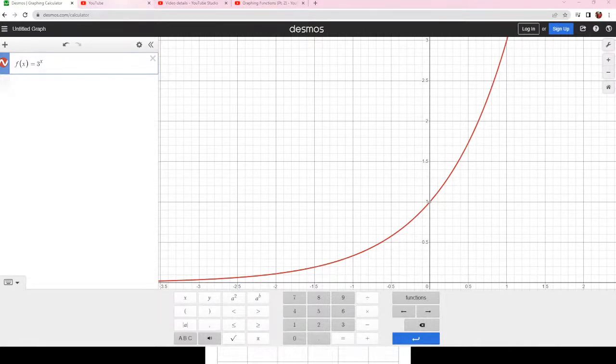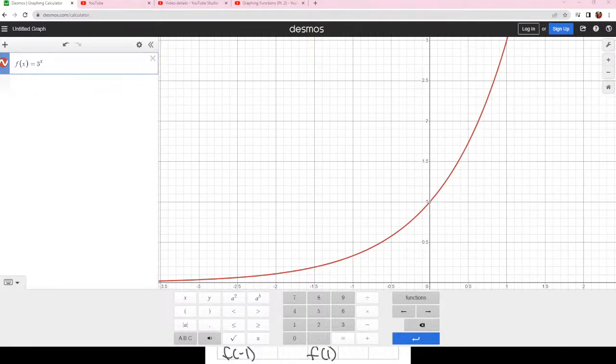I want you to find f of 1 for this, and find f of negative 1. Find those two on this graph.